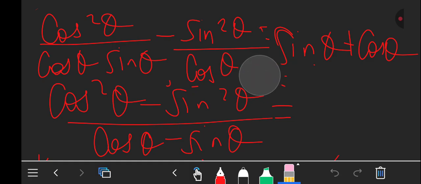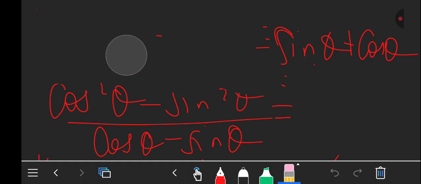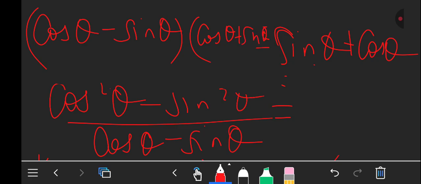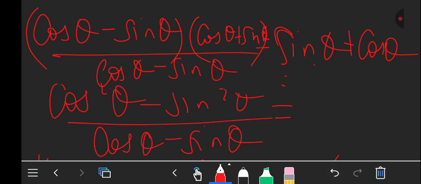So according to difference of two squares, you start with cos theta minus sin theta, then in brackets you multiply by the opposite, cos theta plus sin theta, over the denominator cos theta minus sin theta.